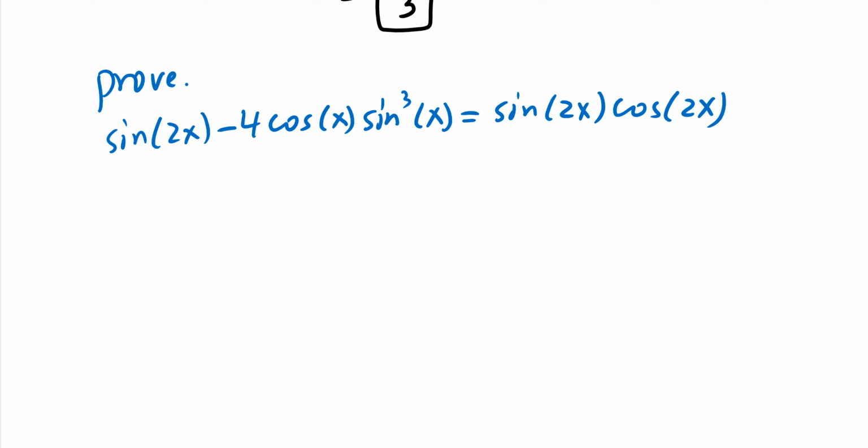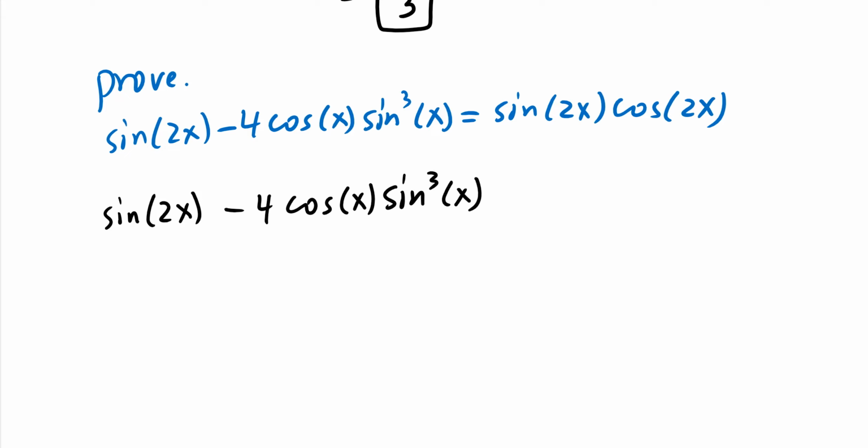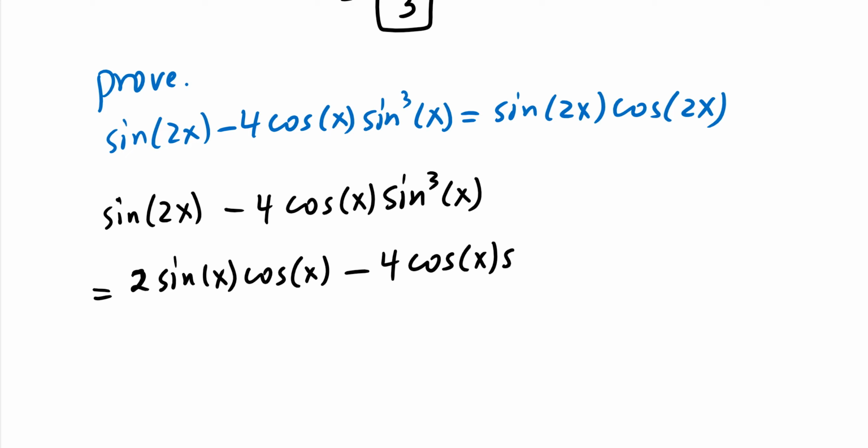So the same thing here, we can start from either side. Let's say I'm going to go from the left side. What is sine 2x? I know it's 2 sine x cosine x. Minus 4, keep this the same. I don't have a formula for either one of them.